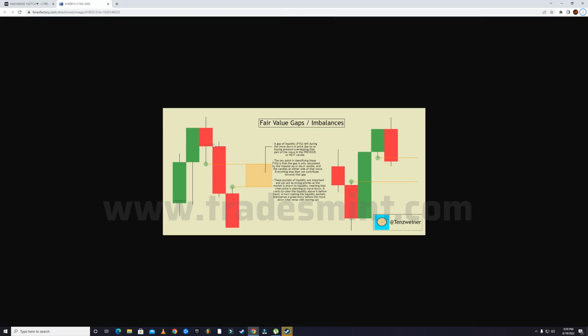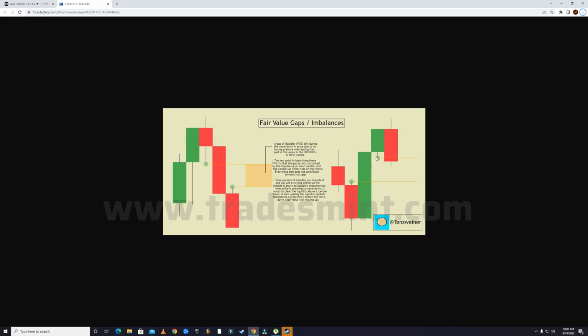All right, so if we look at the buy example here, we look for the high of the first candle and the low of the third candle. So this is again a three candle formation. Remember that 1, 2, 3. So the first candle, we're looking at a buy example, the high of the first candle and the low of the third candle.